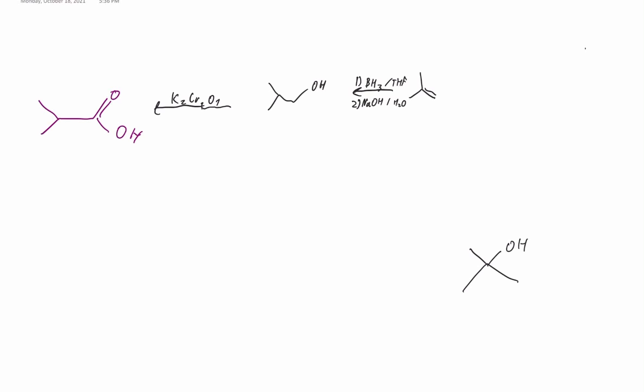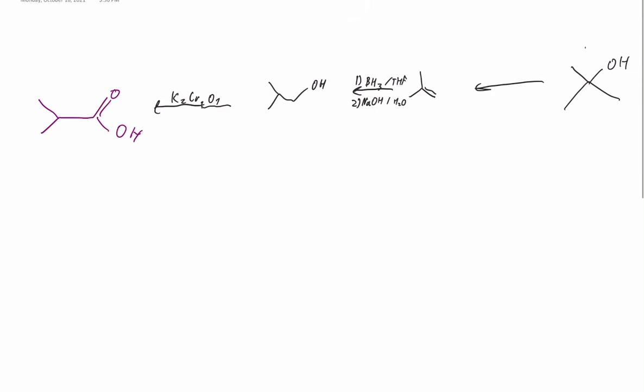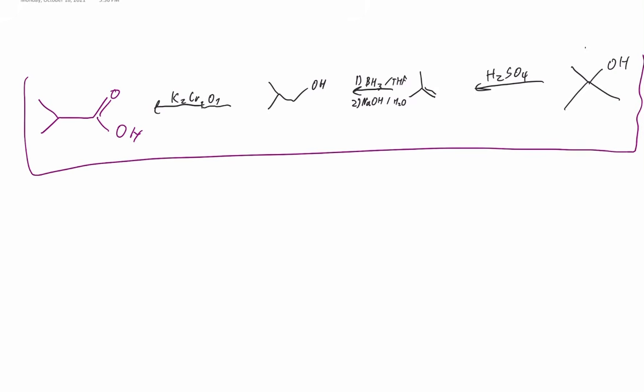Now we just need to create this alkene from this starting material, and that can be done with acid catalyzed dehydration. So this is slightly better box. This is one way of formulating this synthesis.